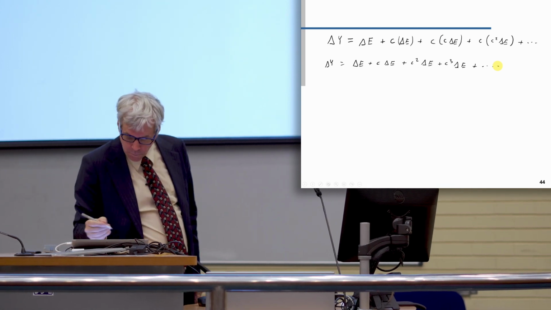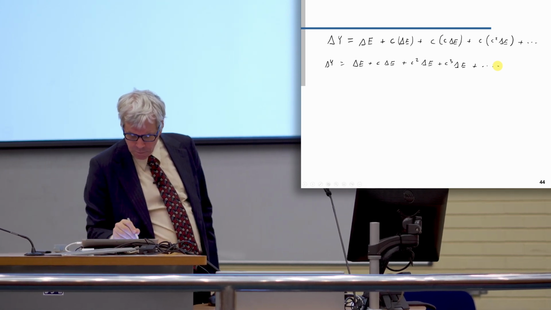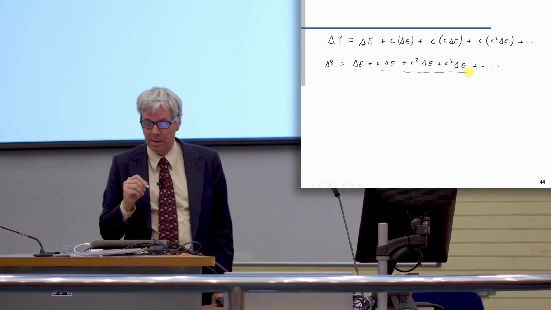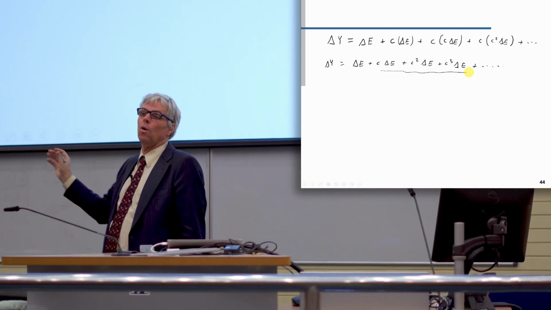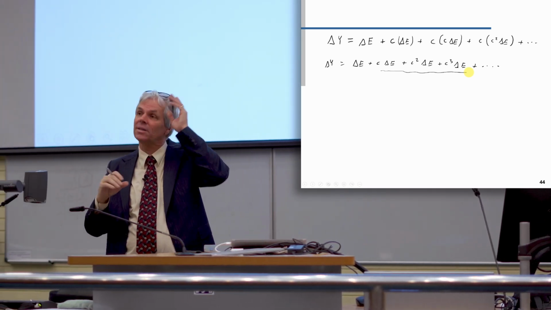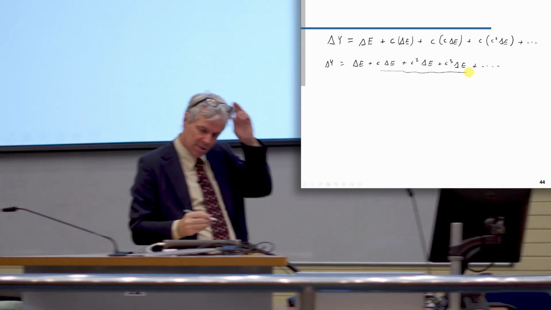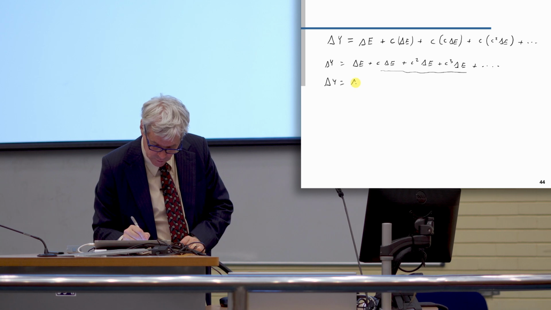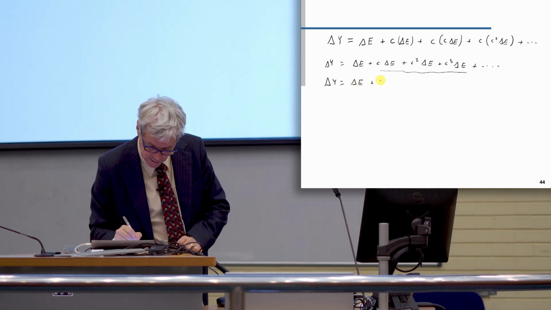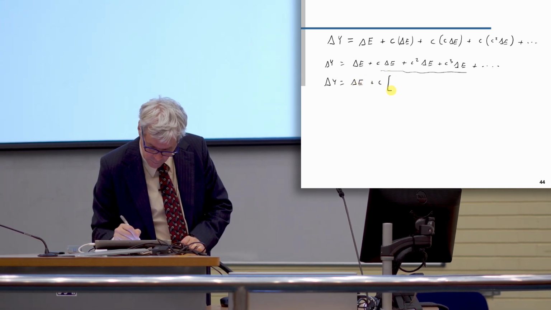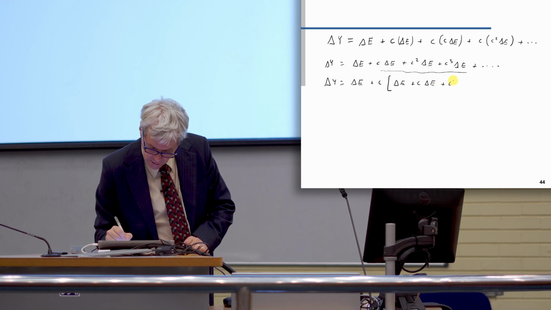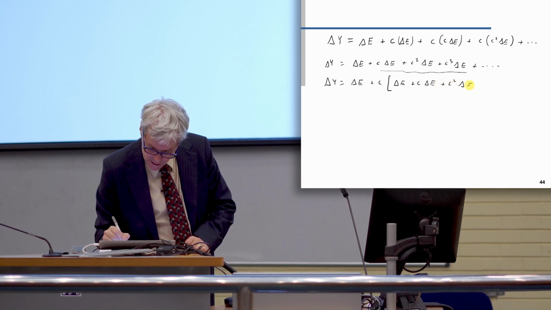Well, one thing I can do is I can notice that all of these things have a c times them, so let me factor out one c from all of them. It was a bit goofy, but bear with me. So I get delta y is equal to delta e plus c times delta e plus c delta e plus c squared delta e.